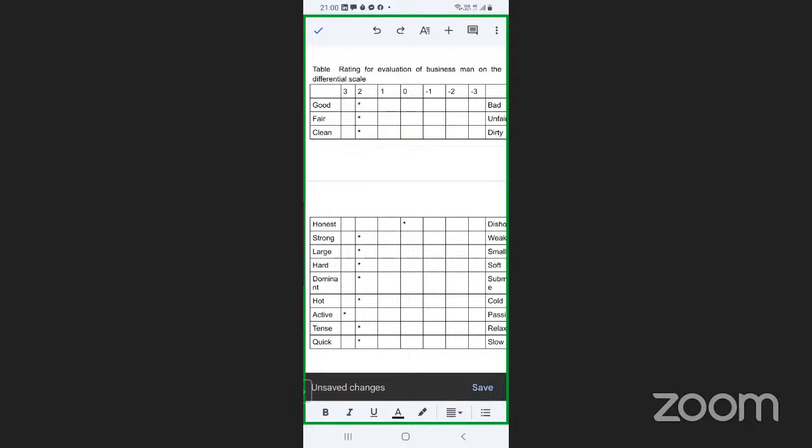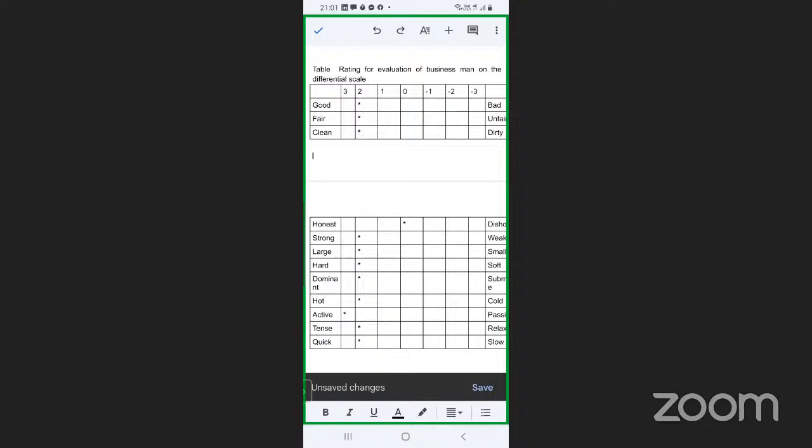Okay, so this is the way we can collect the data from the consumer about the meaning of a product. This data I have collected from the students of management. And this is the rating.